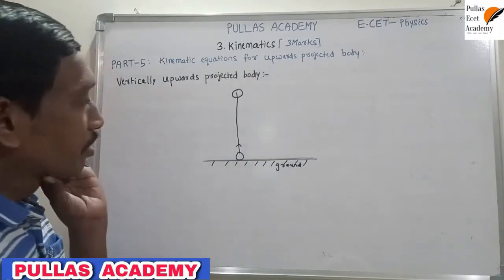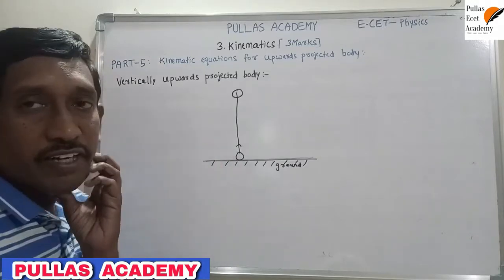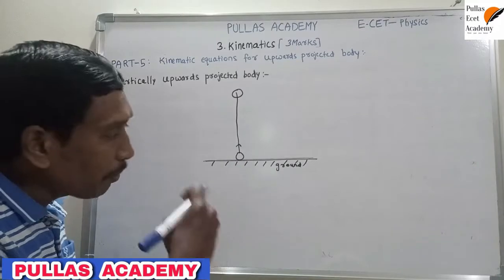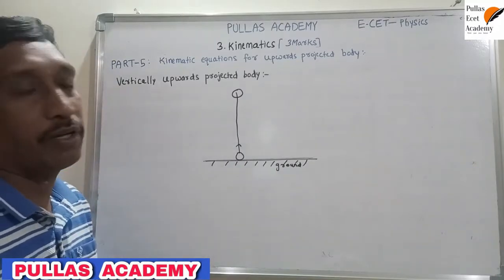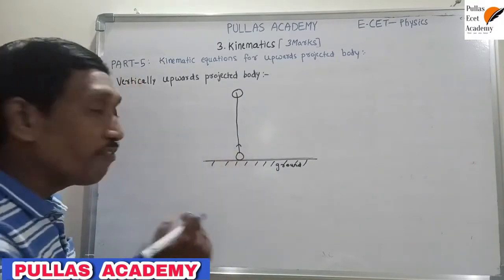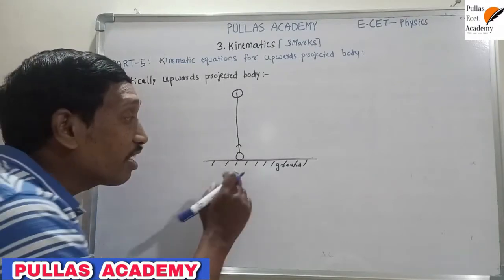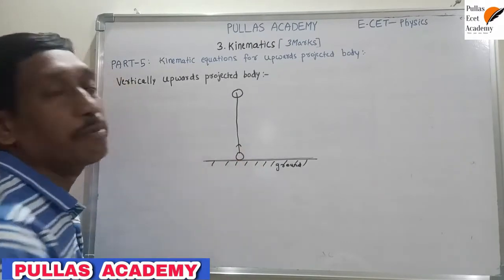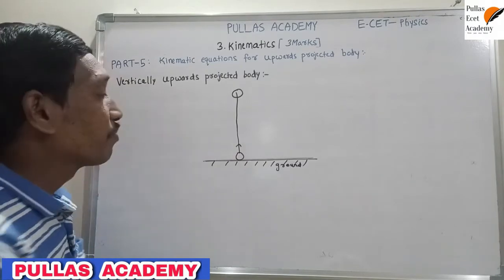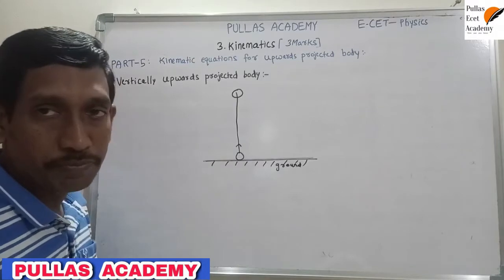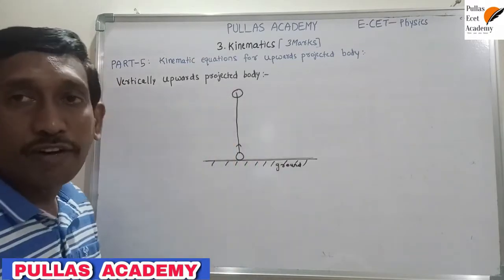For example, when you project the body upwards, we apply some external force on it. That means we initially give it some velocity. The velocity given at the initial position is called the initial velocity. For this upwards projected body, the ground is the initial position and a certain height is the final position.